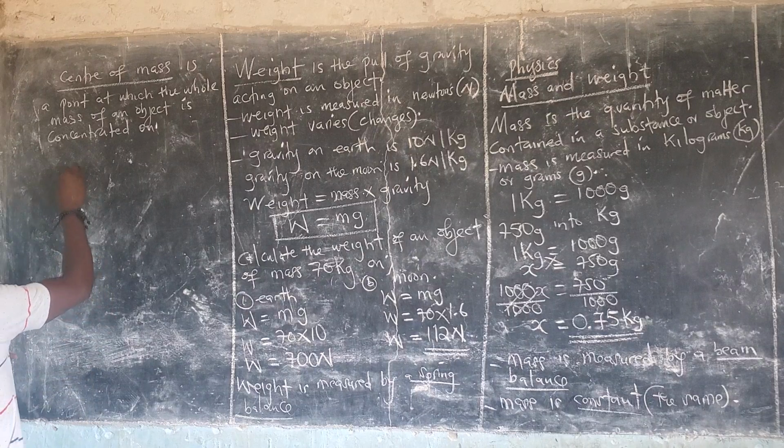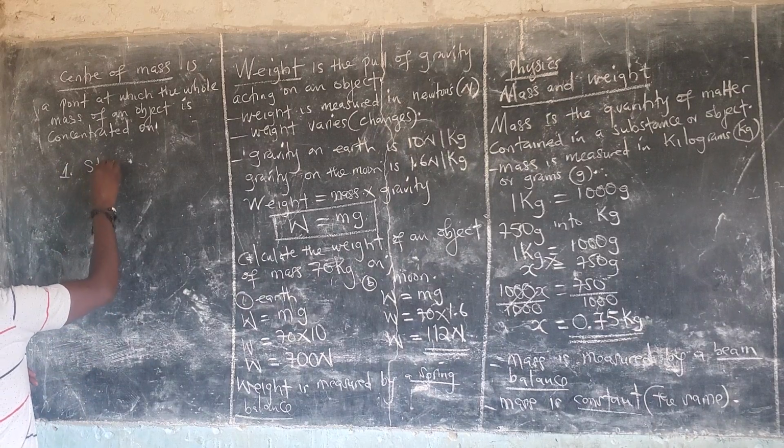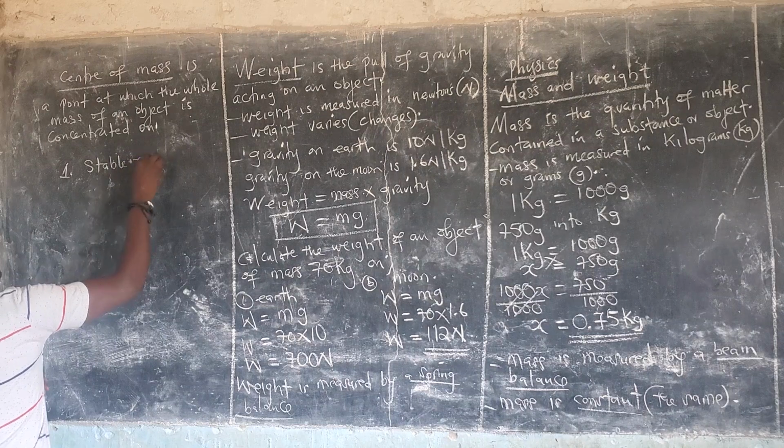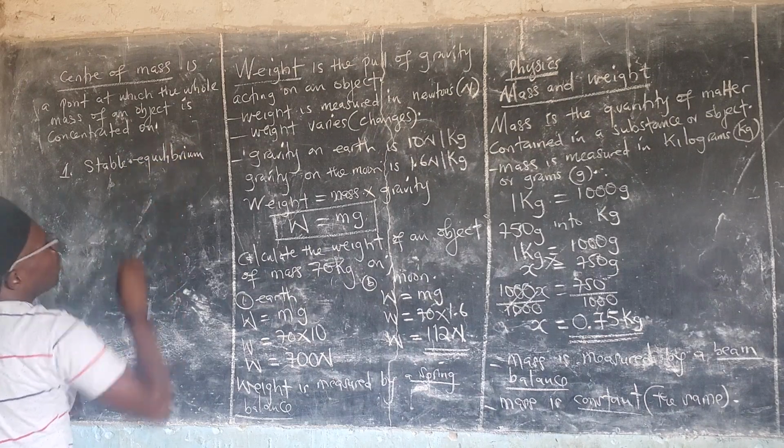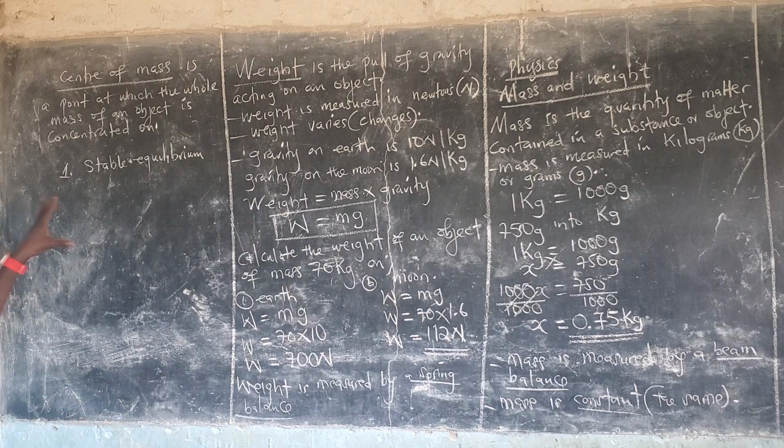There are three types of equilibrium. There is what you call stable equilibrium. Something which is in equilibrium is something that is stable, it is balanced. If you say equilibrium, it means something which is balanced.